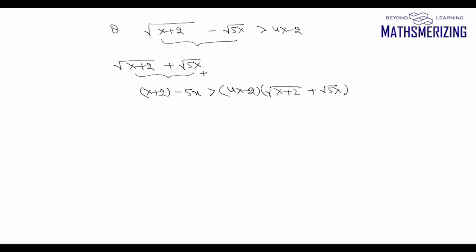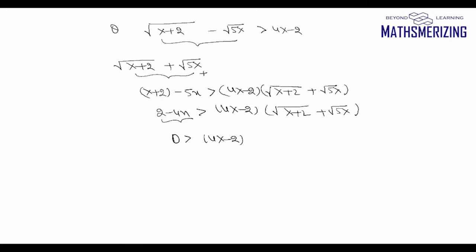If I solve it, I'll get minus 2 minus 4x is greater than 4x minus 2 into under root of x plus 2 plus under root of 5x. Now I can take 2 minus 4x on the right hand side, so I can write this as 0 is greater than 4x minus 2 times the bracket.